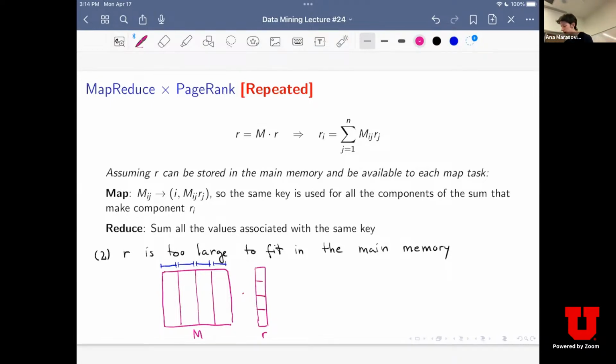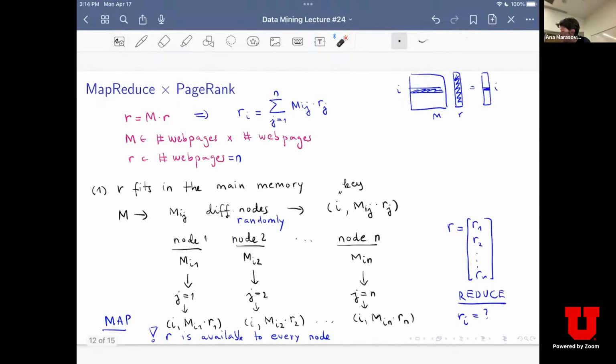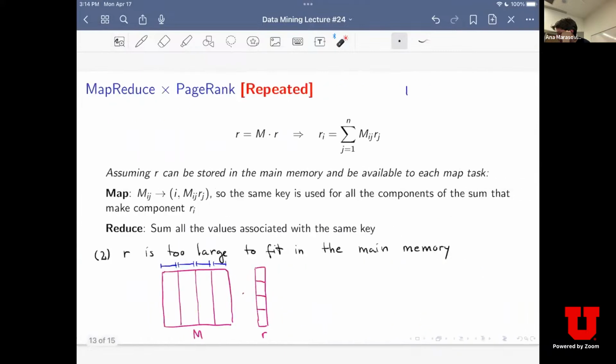Now, remember matrix to vector multiplication? We have seen it here. You take the row and then you take the entire vector and you get the ith position in the new vector. So now you're splitting this sum into these chunks. Let's focus on the first row over here. You would need to take this entire row and multiply it with this entire vector to get the first element of the new vector.